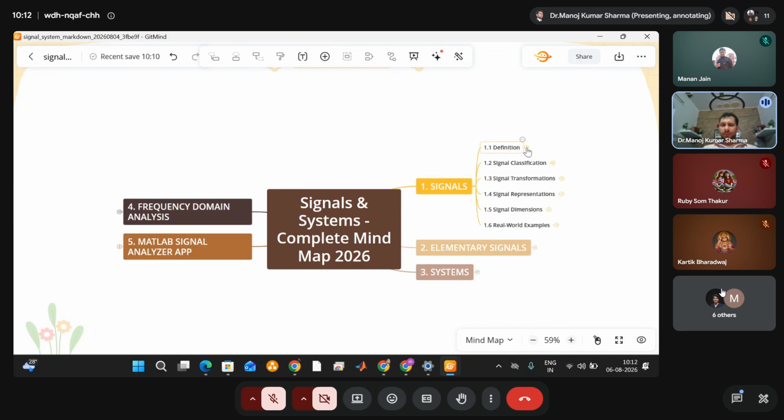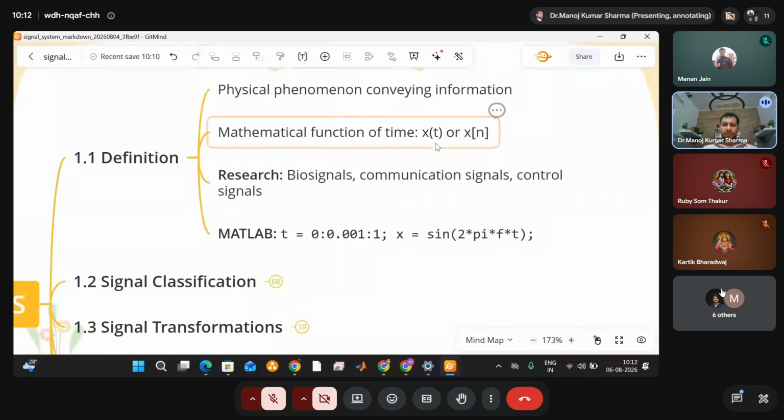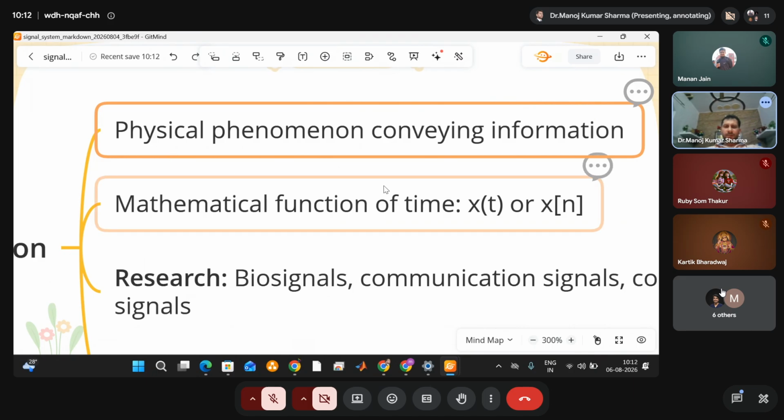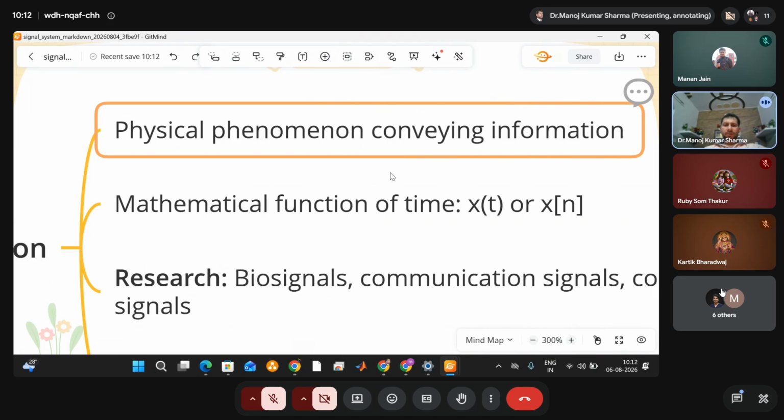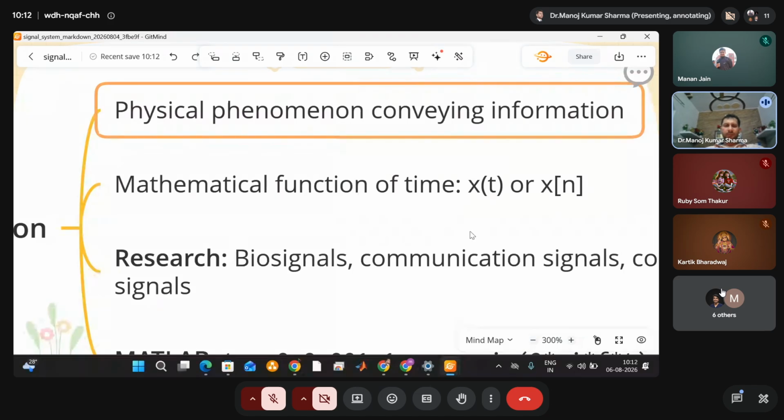We did this definition. So, in the definition, we can say that a signal is a way to convey the information of any physical phenomena happening in this environment.